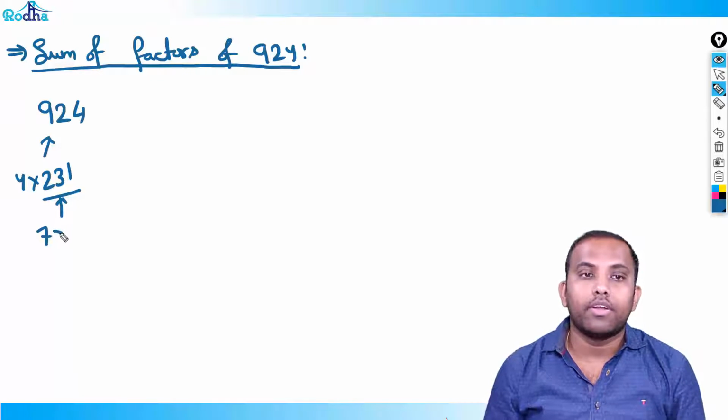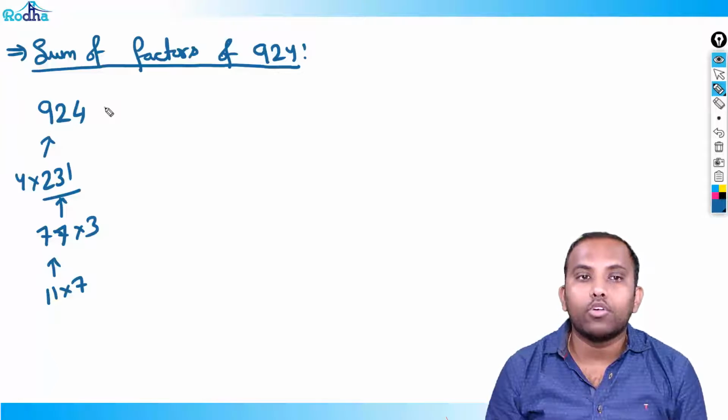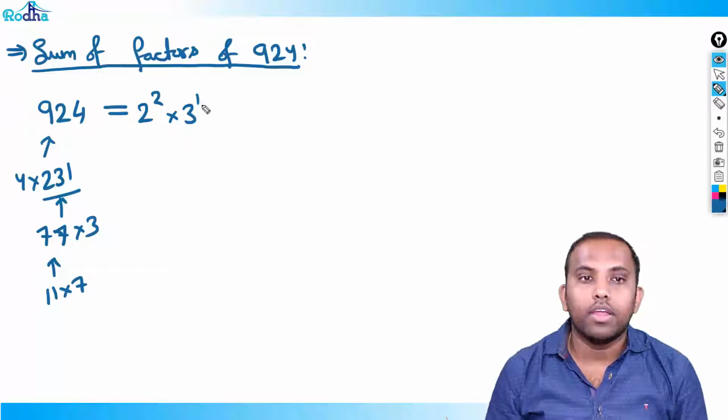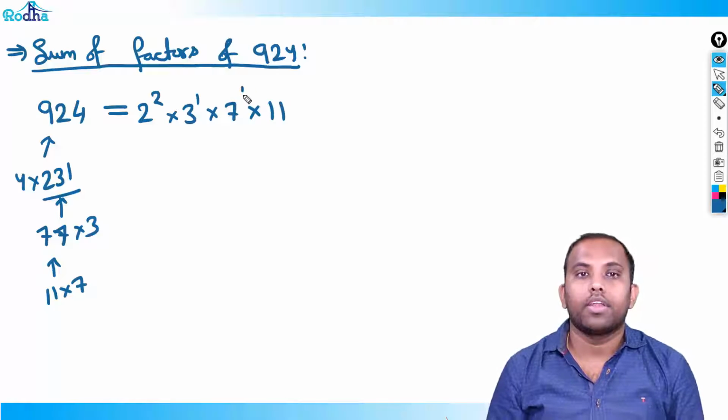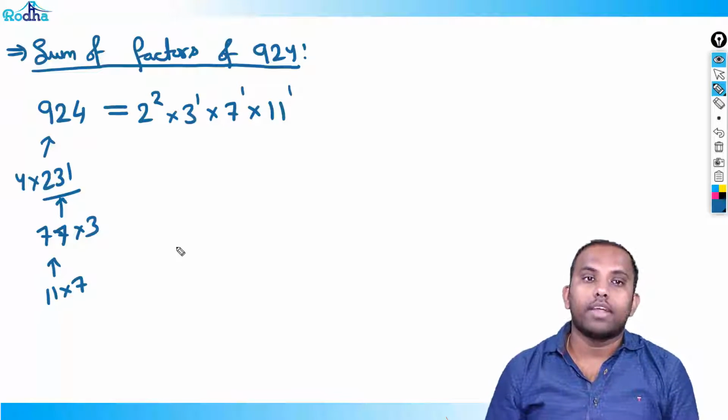It is 77 into 3. What is 77? 11 into 7. So in prime basis, how to write 924? It is 2 square into 3 into 7 into 11. We need to write this in terms of prime basis. This is 924.